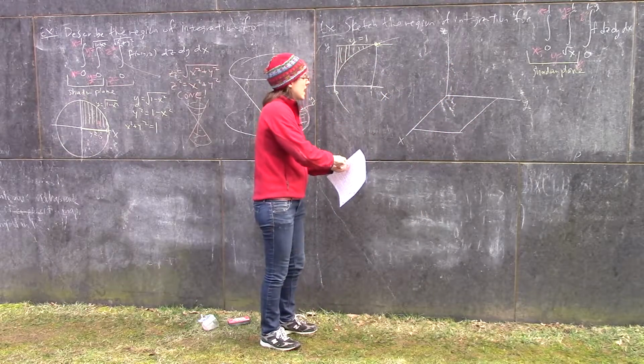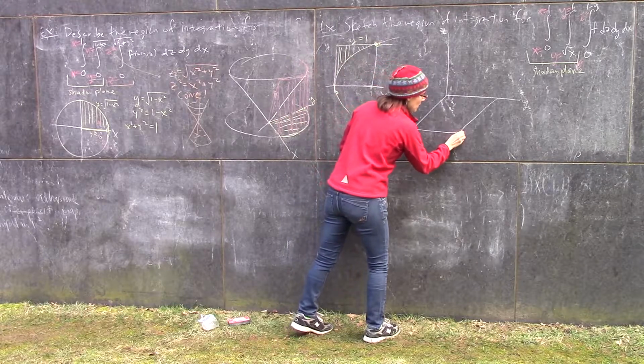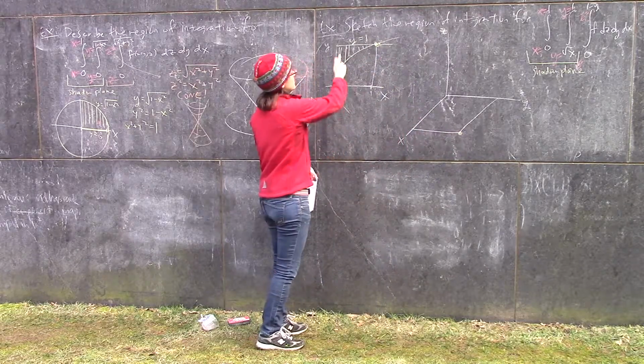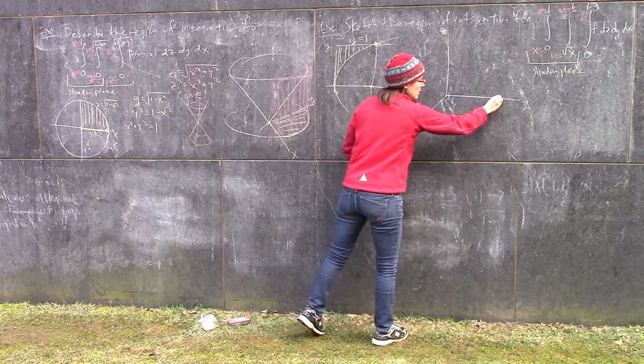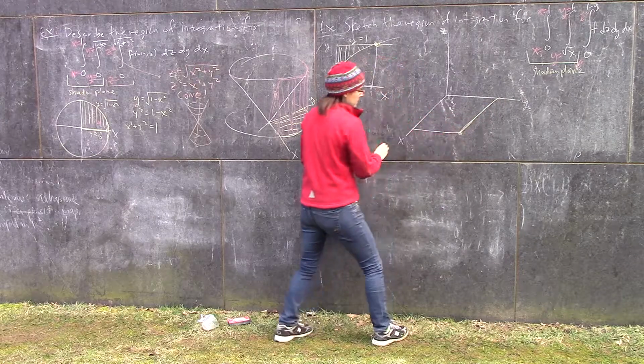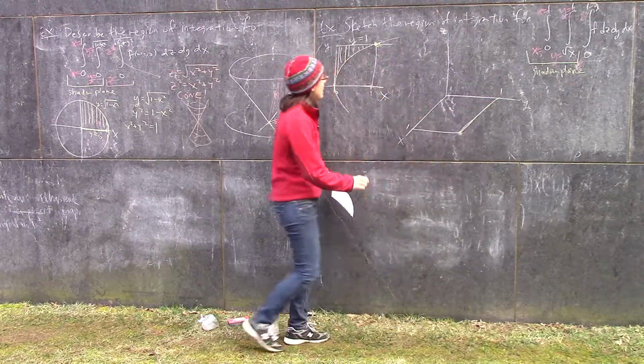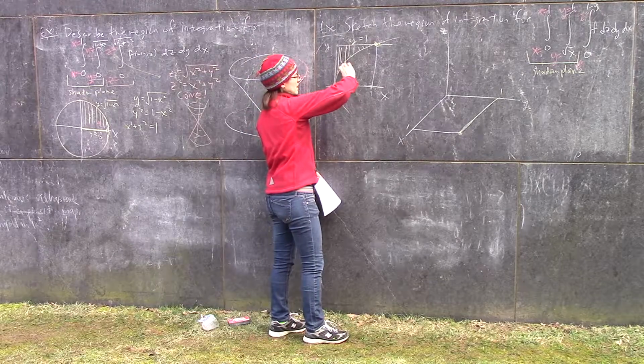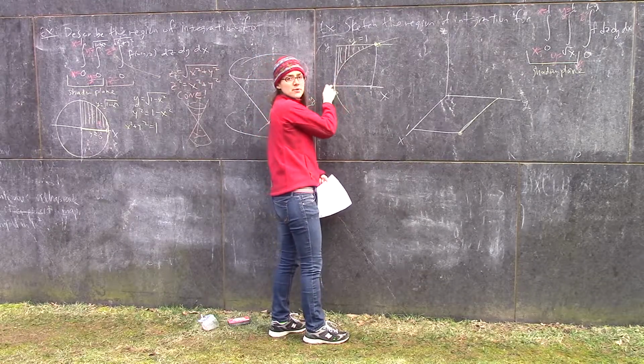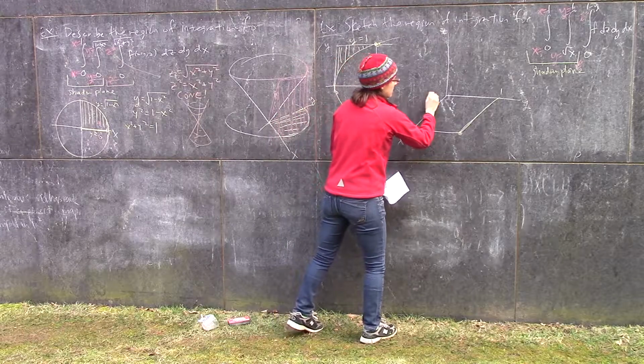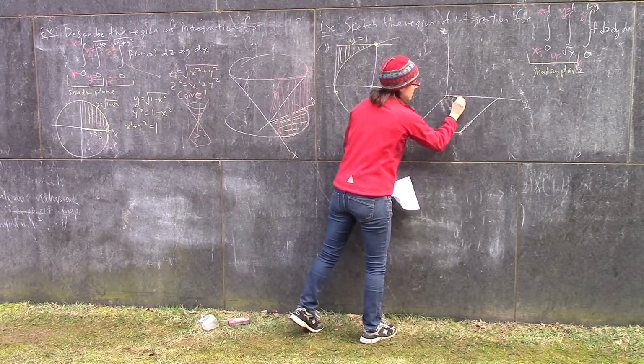And now I know everything has to go to the point 1, 1. And on top is the line y equals 1, which is this line. So here's 1 and here's 1. And then it's a parabola where the tangency point was at 0. So the parabola is like this.